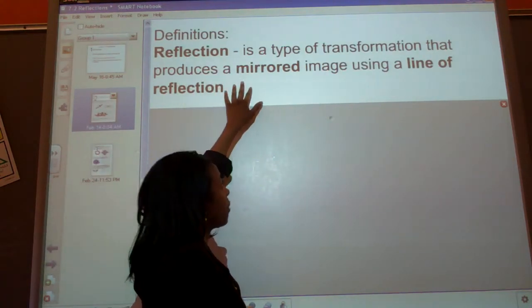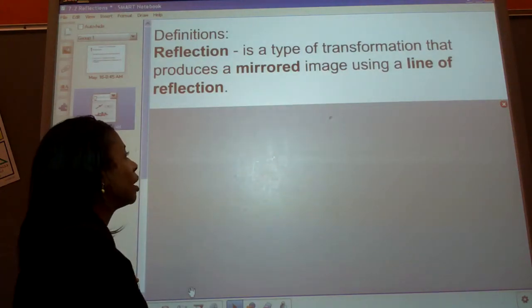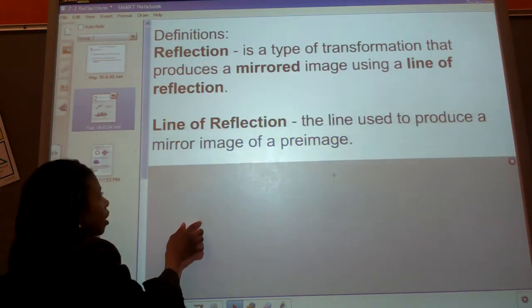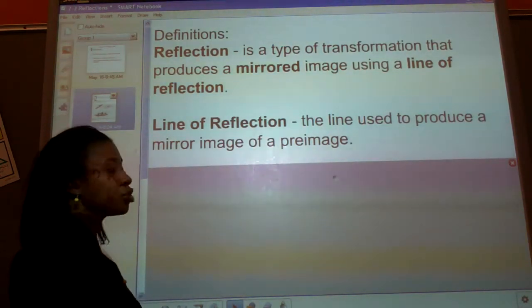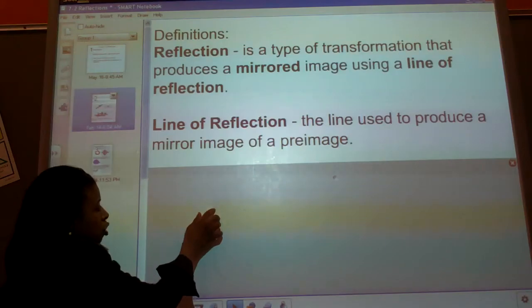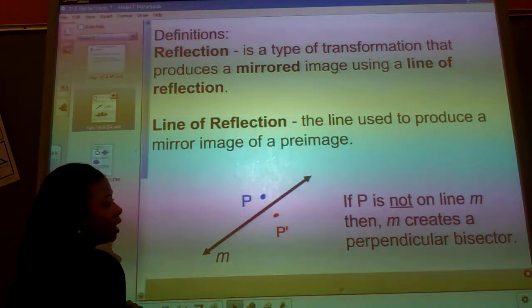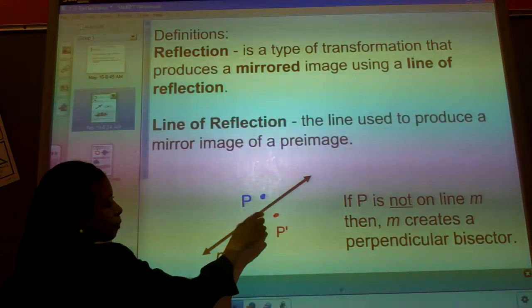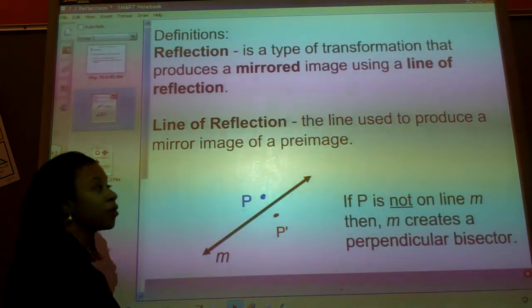A reflection is a type of transformation that produces a mirrored image using a line of reflection. Our line of reflection is a line used to produce a mirror image of a pre-image. So for example, on this drawing here, I have point P and then point P prime. Line M is my line of reflection.